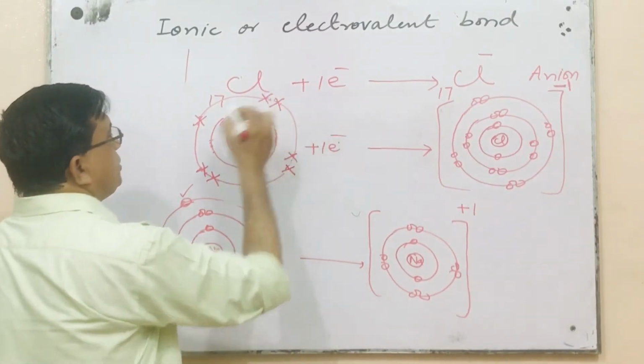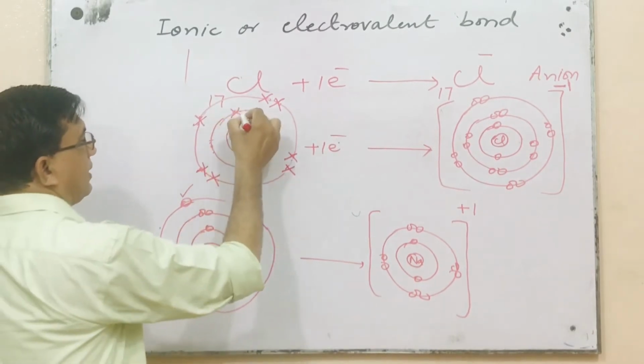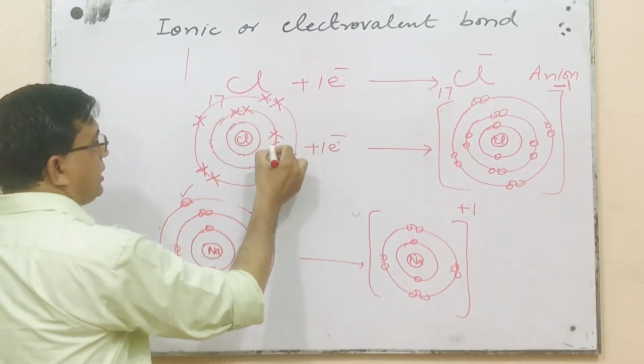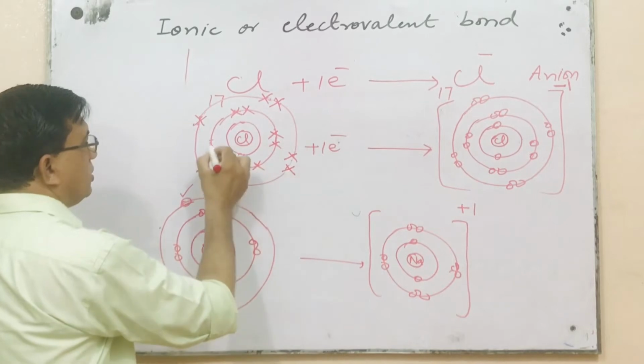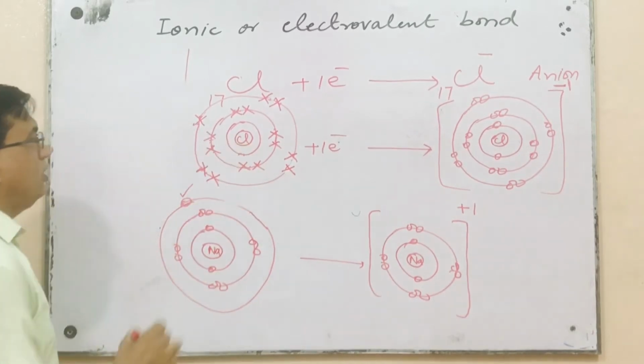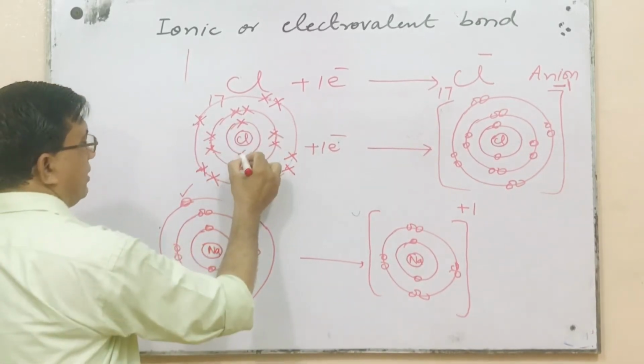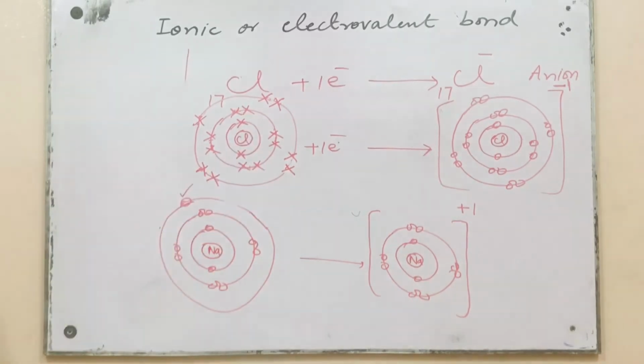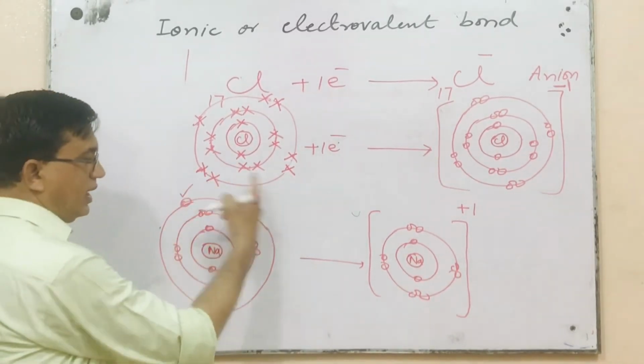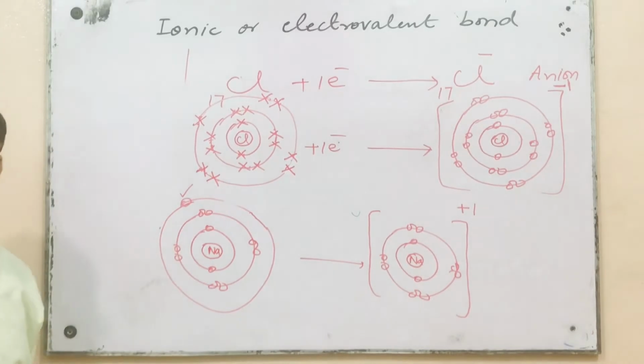Now, check the representation of electrons. I am explaining now the dot cross model. All the electrons are represented by cross, and all the electrons of sodium are represented by dot.